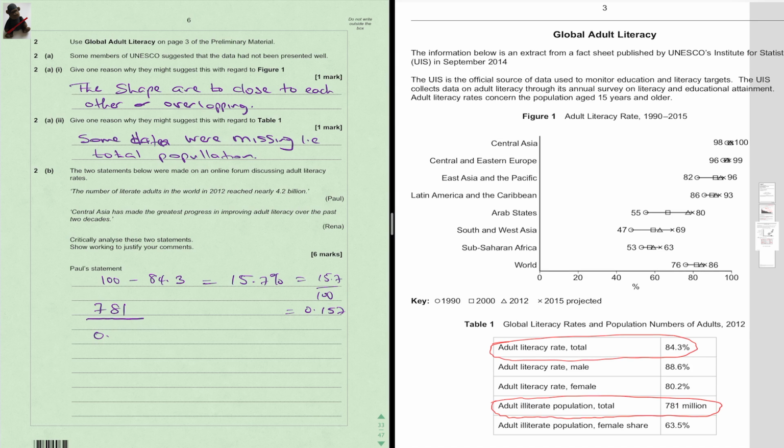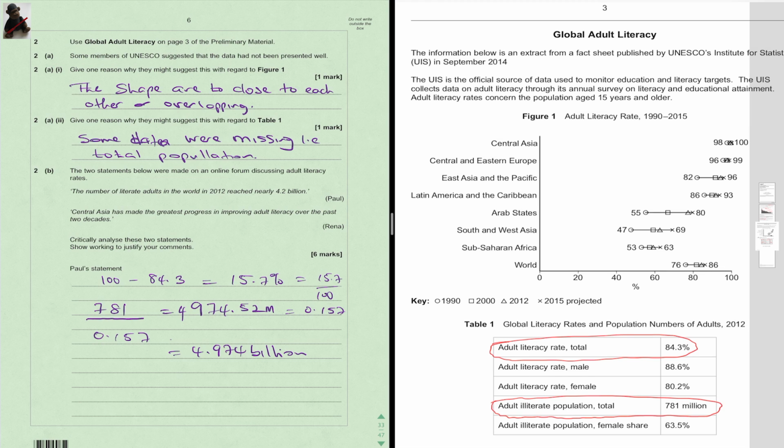So 781 divided by 0.157, we get 4974.52 million people. So that would be 4.974 billion.